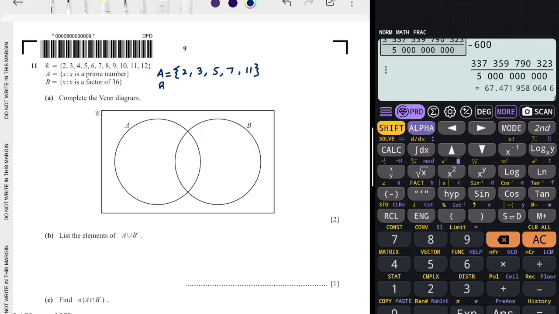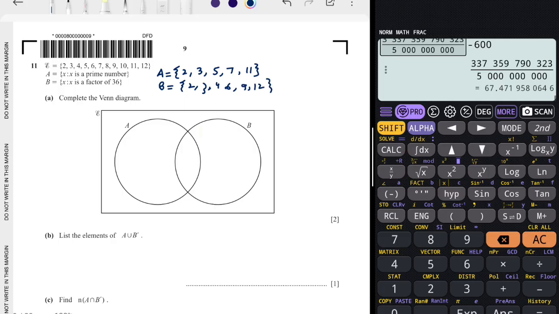Now factors of 36: 2, 3, 4, then 5 would not be there, 6, 9, 12.